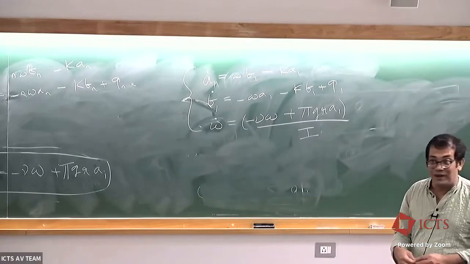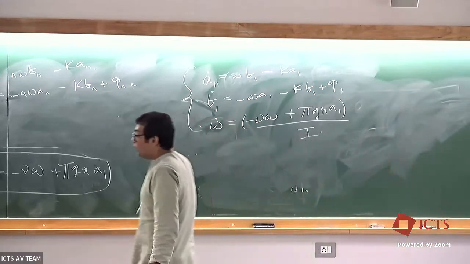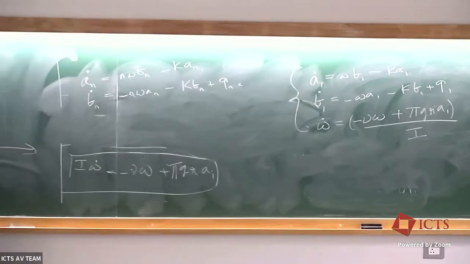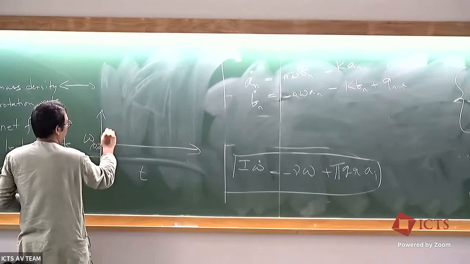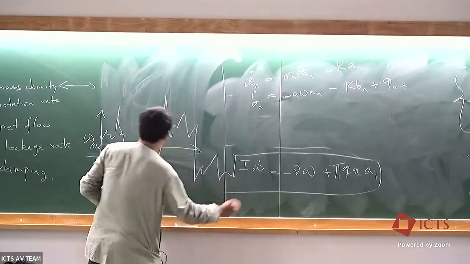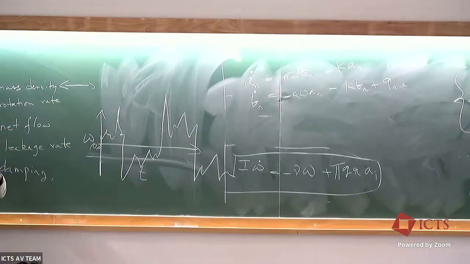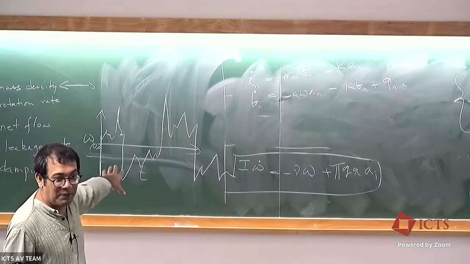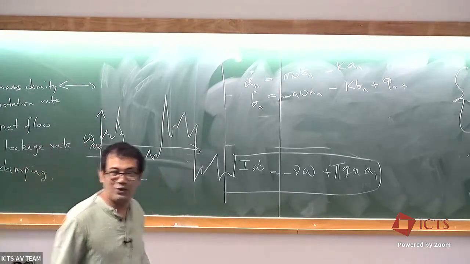Because we saw the water wheel, one would hope that the solution of this, at least in some range, and we'll see what that range is, will essentially give you an omega versus t, let's say this is 0, which changes sign, the speed of rotation changes, etc. I mean, the experimental data will be much nicer than what I've tried to draw.